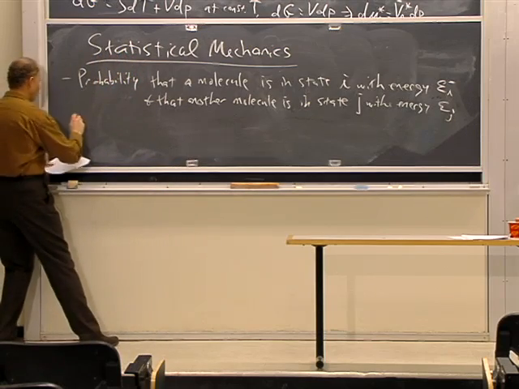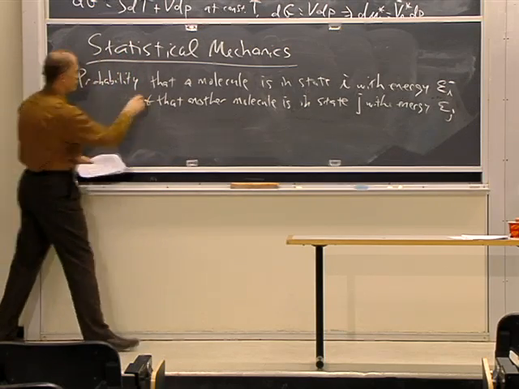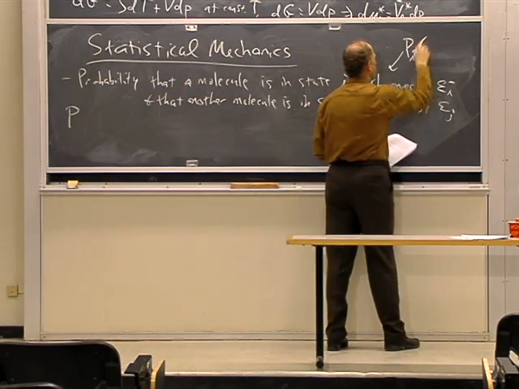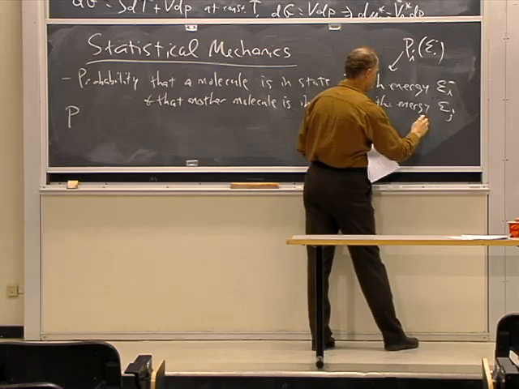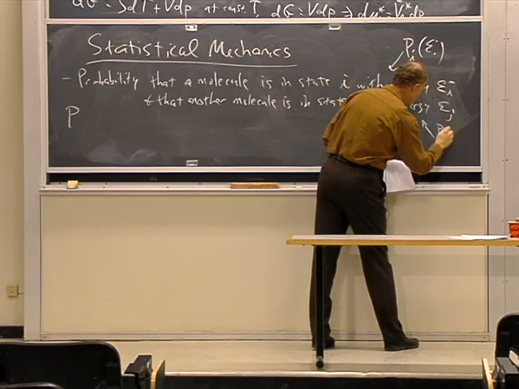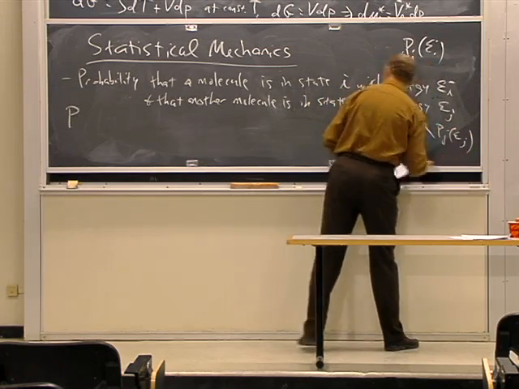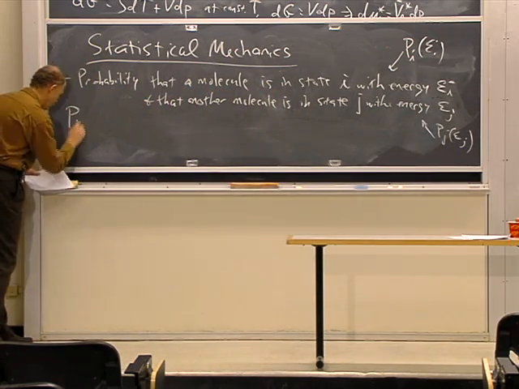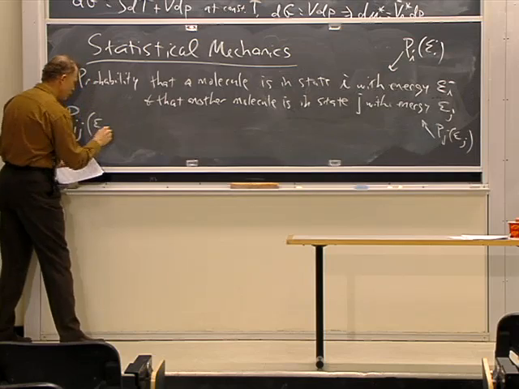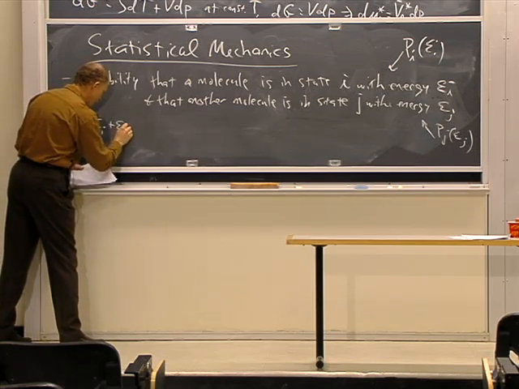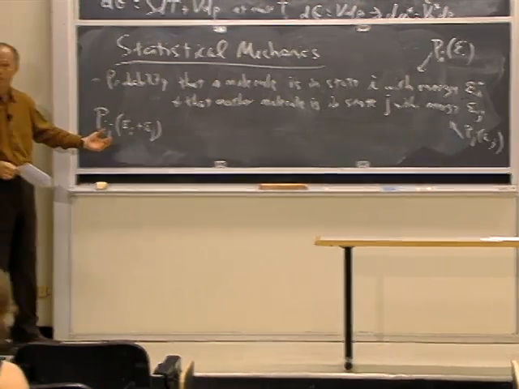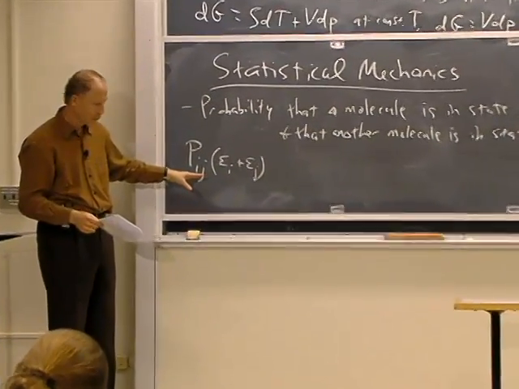So we want a probability. This one we'll call Pi of Ei. This would be Pj of Ej. And this probability together will be Pij of Ei plus Ej. I could just write Ei comma Ej, but the energies add, and that's crucial. Okay?